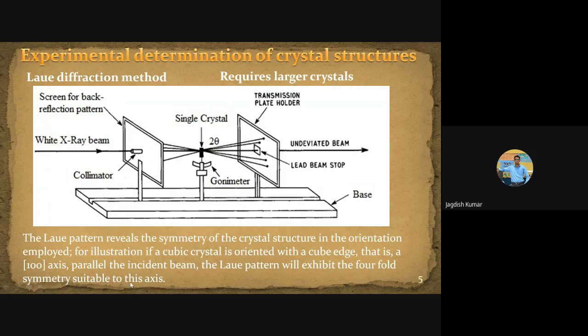So if the crystal is mounted in such a way that, suppose, the 100 direction axis is parallel to the incident beam, then this Laue pattern will exhibit fourfold symmetry. Why so? Because X-rays are now being incident on the crystal parallel to the 100 axis.